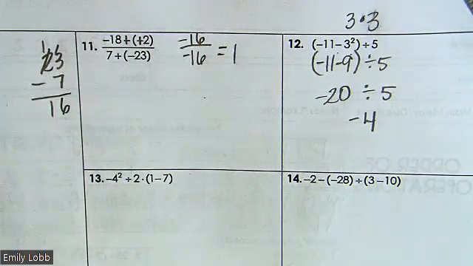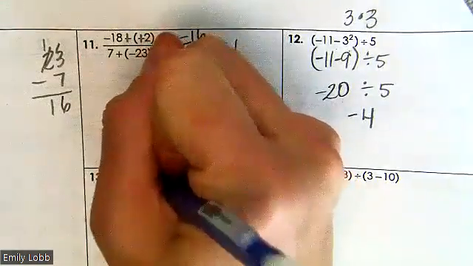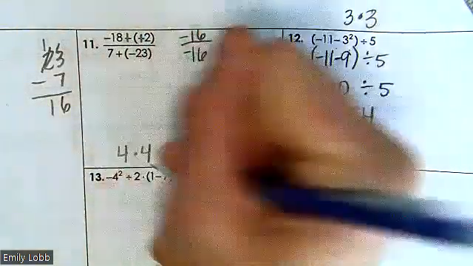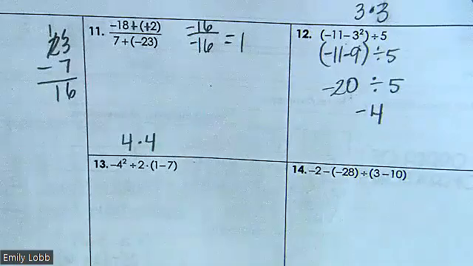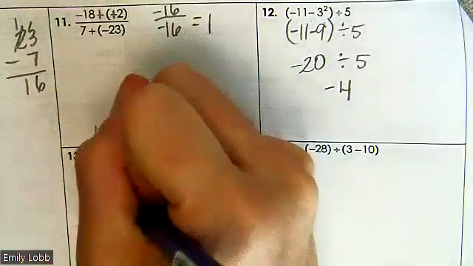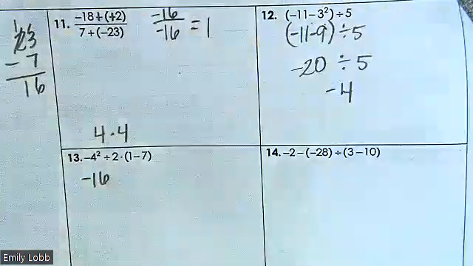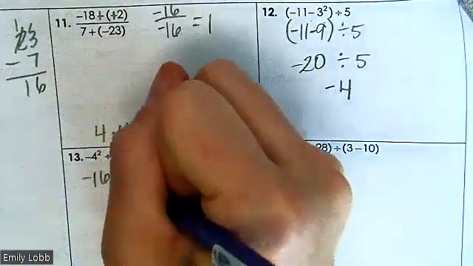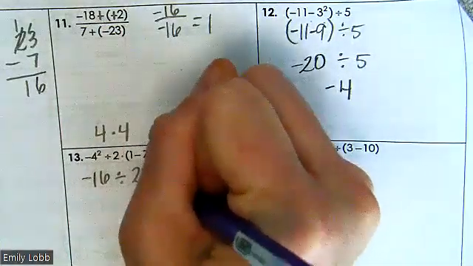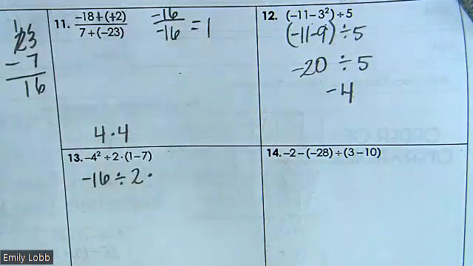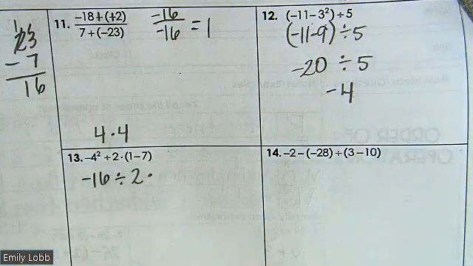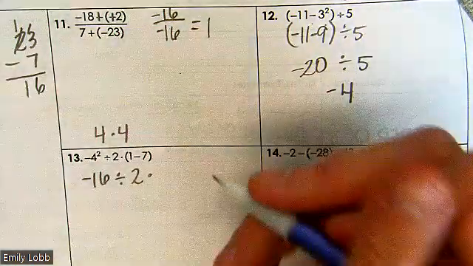What is 4 squared? 16. And there's a net, we have to take the opposite of that. Divided by 2 times, what's 1 minus 7? Is it though?